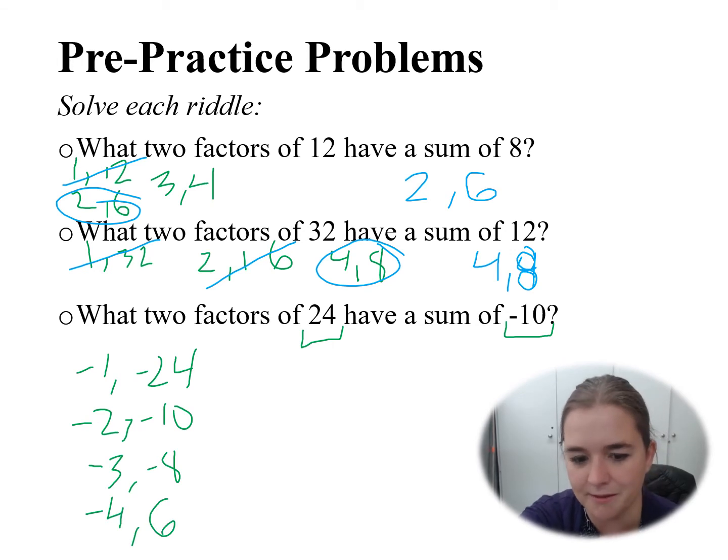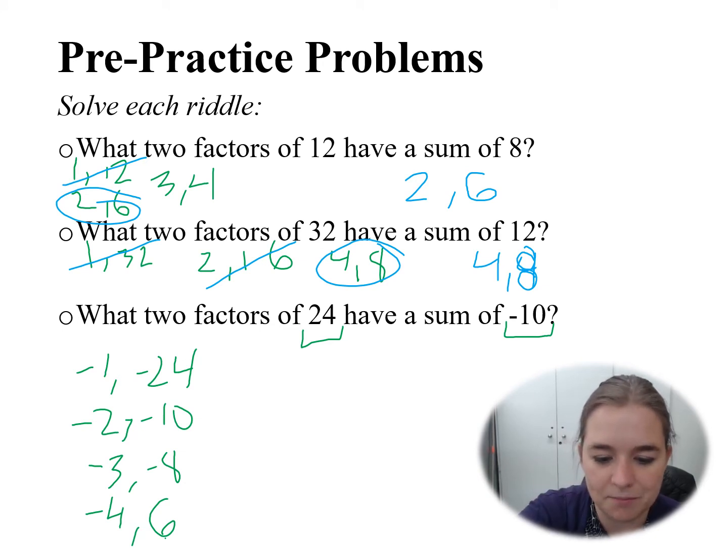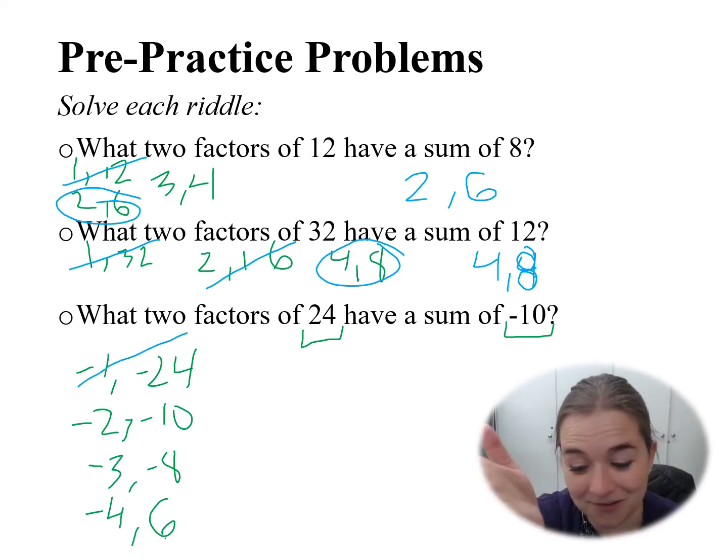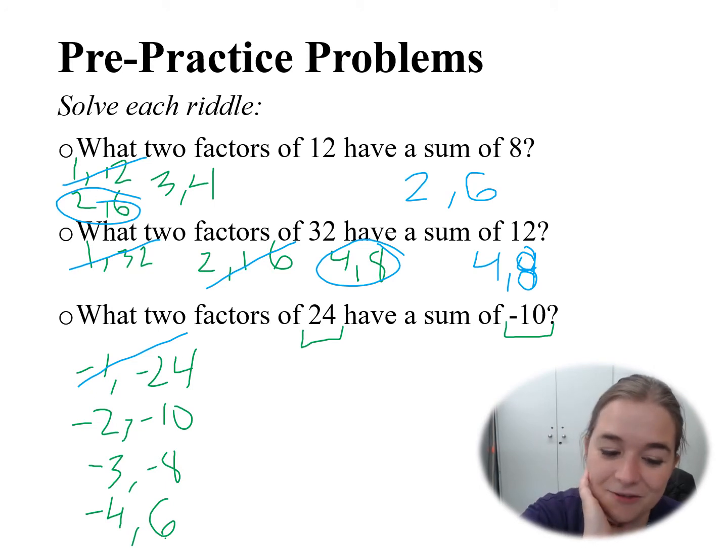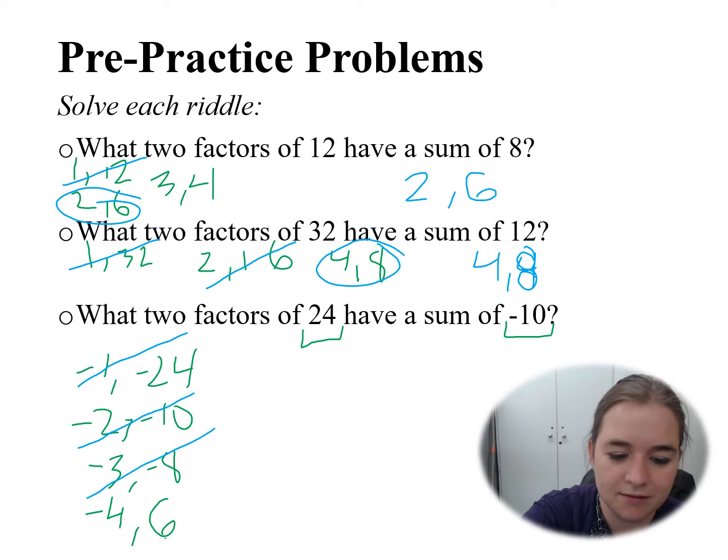My factor pairs must both be negative because a negative times a negative gives me a positive. When I add them up, negative 1 plus negative 24 is negative 25. If I add negative 2 and negative 12, I get negative 14.